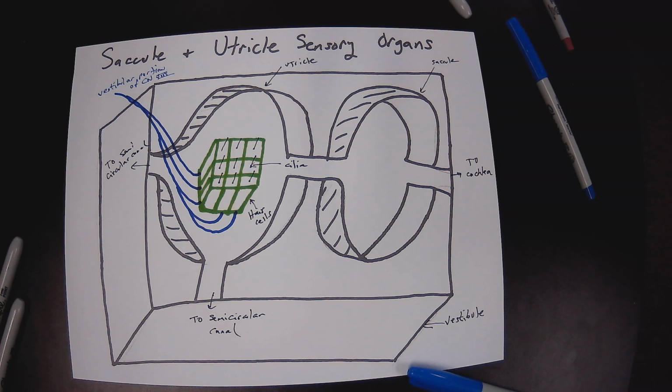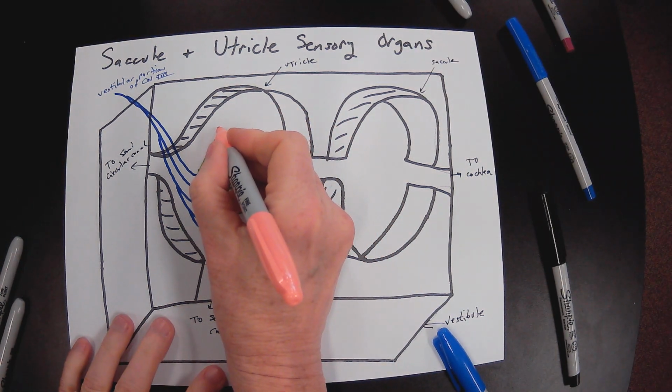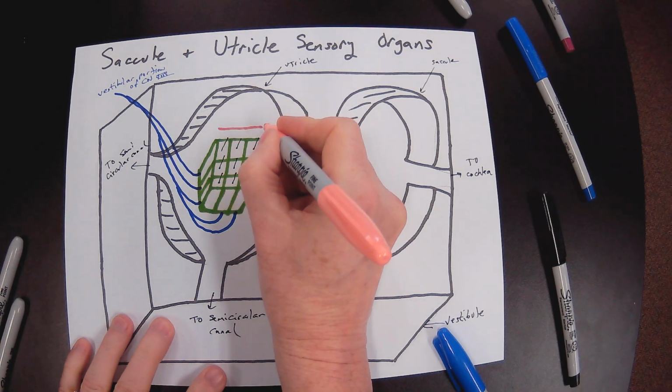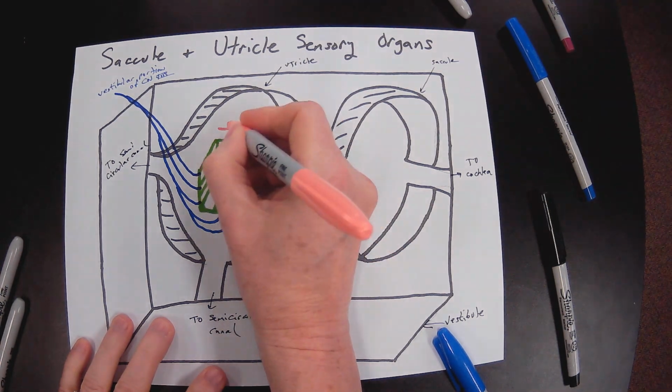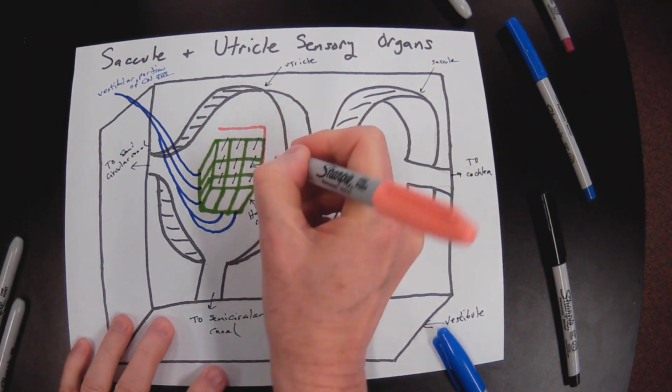They're just tall columnar cells. Axons coming out the bottom, the vestibular portion of the eighth cranial nerve. Cilia sticking out the top. And the cilia are actually embedded in a gelatinous matrix. If I had to give you a little bit of a three-dimensional feel, or I'll try to.